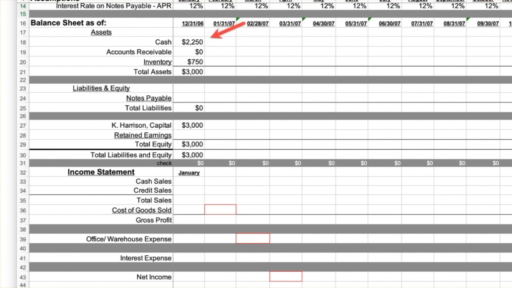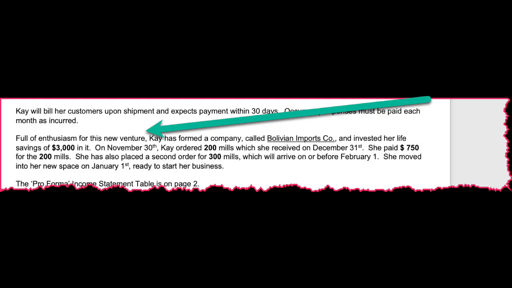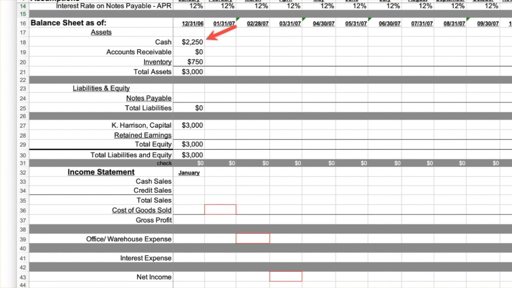With that $3,000 worth of cash, she had to buy her initial inventory, 200 units at $3.75 a piece. She spent $750 on that. So $750 of that $3,000 is tied up in inventory.